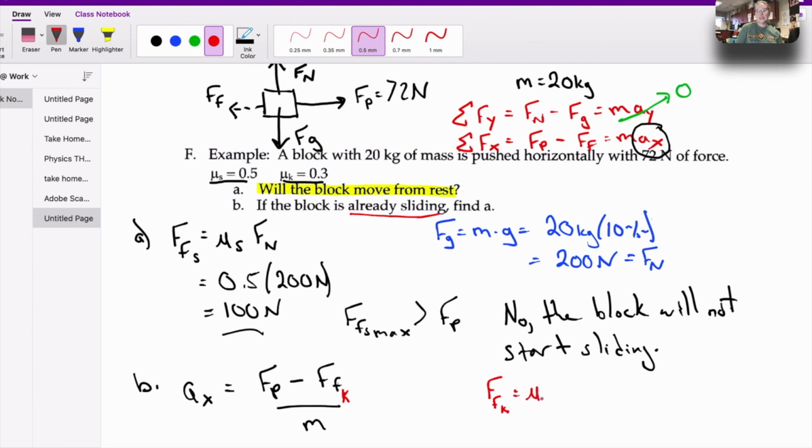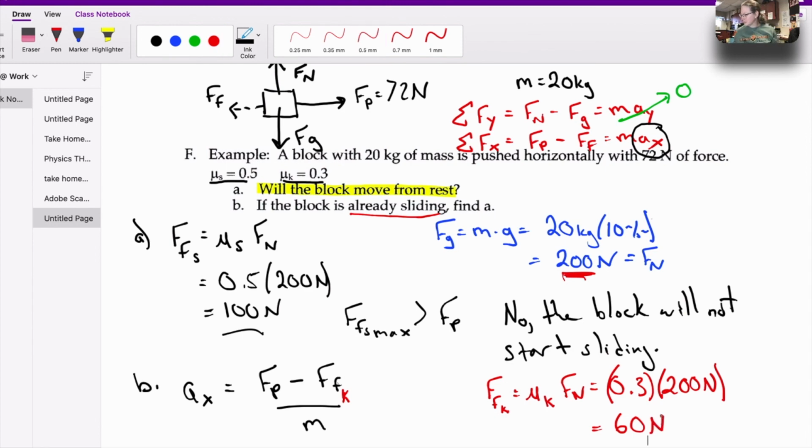I'm just going to use the kinetic coefficient instead of the static this time. I know all of these numbers, so it's 0.3 for the coefficient, unitless. And then the normal force, I already calculated that, 200 newtons, so I can substitute that in. And so this would be 60 newtons of frictional force.